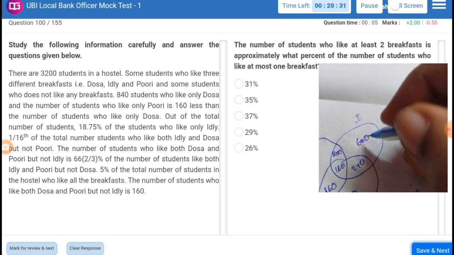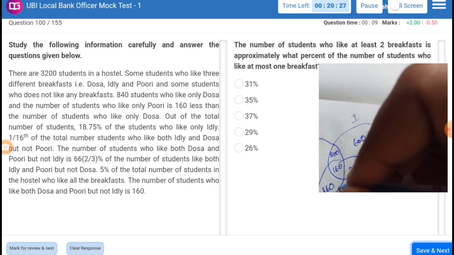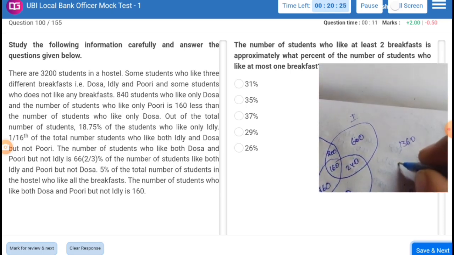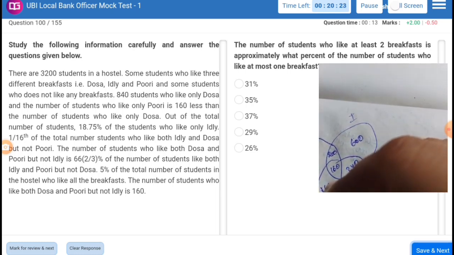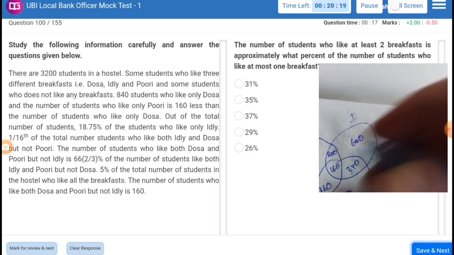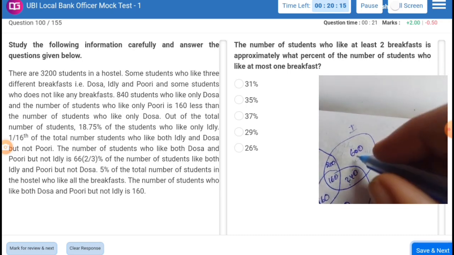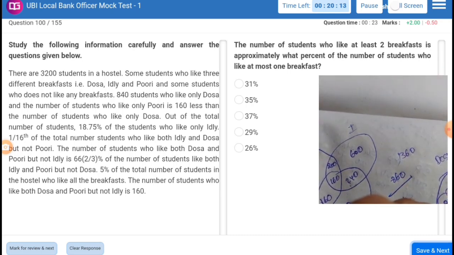The number of students who like at least 2: 4, 5, 6, 660, 860, 1280, 840.